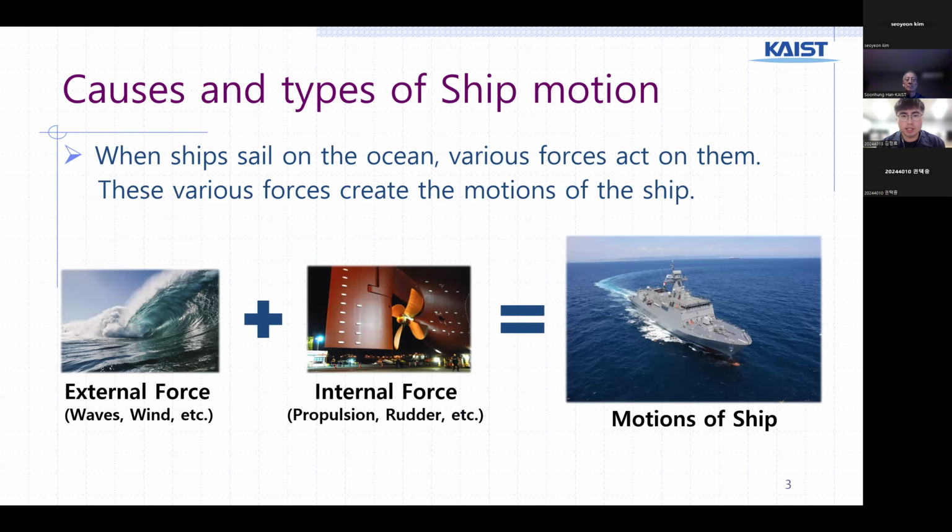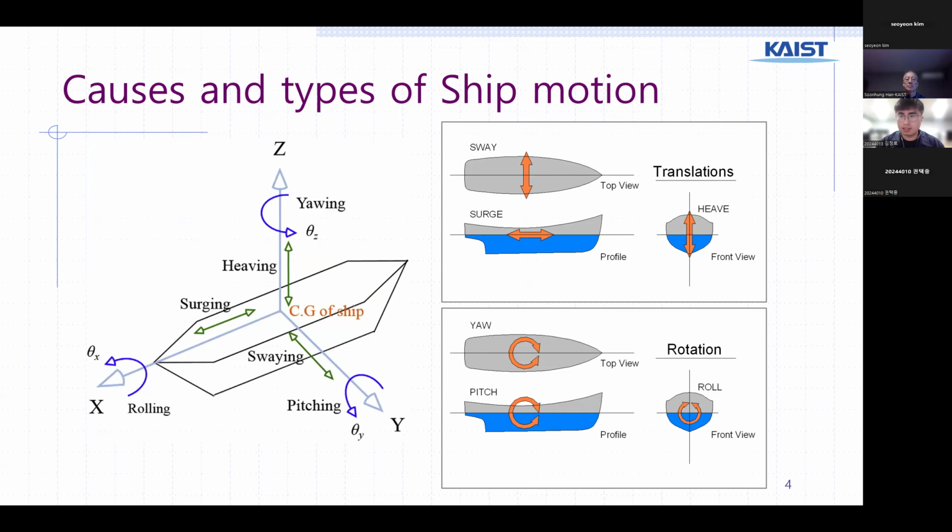When ships sail on the ocean, various forces act on them. These various forces are like wave, wind, propulsion, or rudder. These various forces create the motion of the ship. There are 6 types of ship motion.